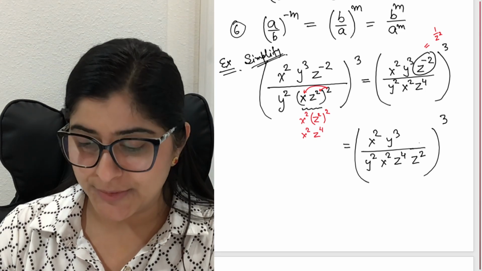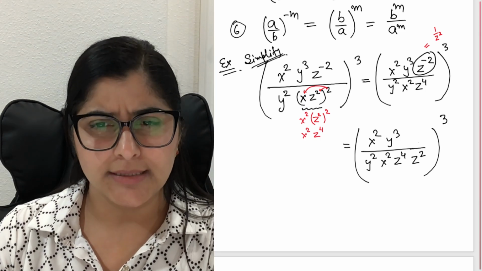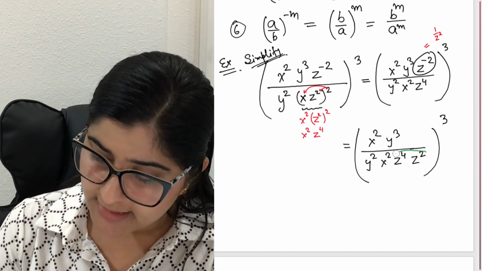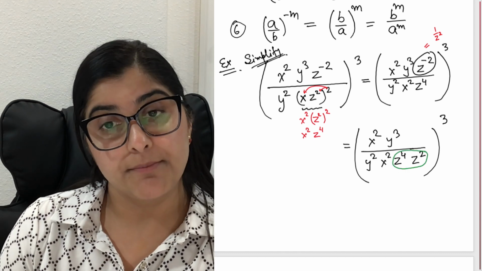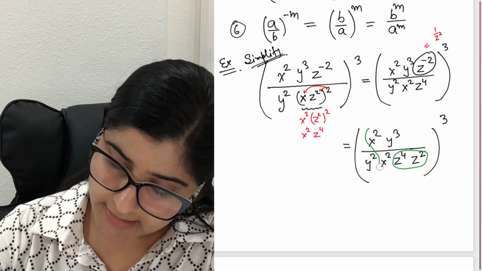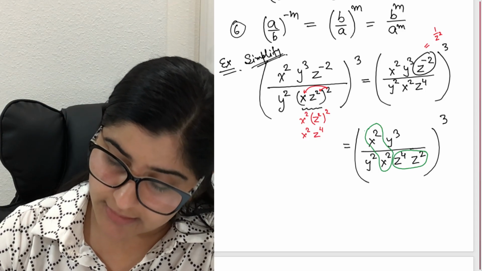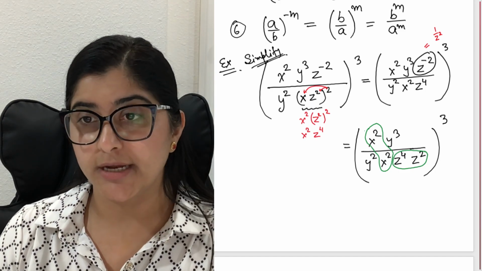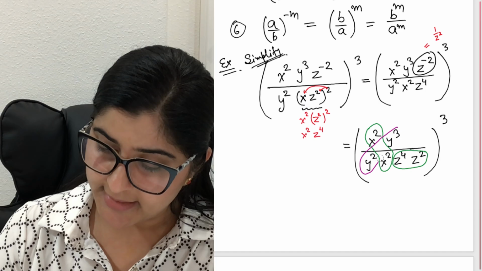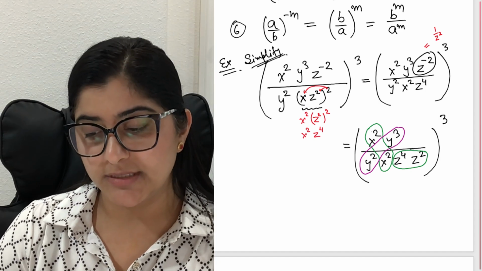But before I do so, I want to combine the terms. For example, you see that these are 2 terms with the same base z and we are multiplying them. These are the 2 terms that have the base x and we are dividing these two. And similarly these y's are also in division.